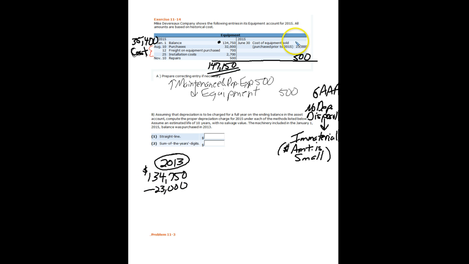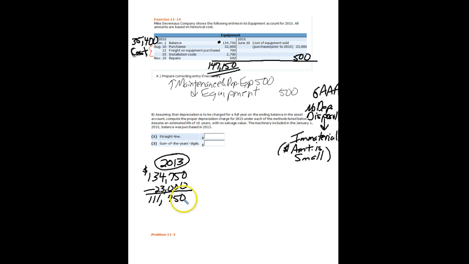You can tell that in this journal entry. So the amount remaining at the end of the period is a cost of $111,750, because they only compute depreciation on the ending balance. So the ending balance for the amount purchased in 2013 is $111,750.